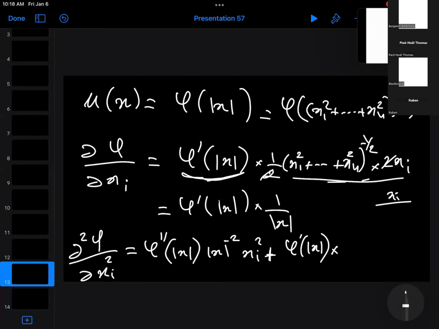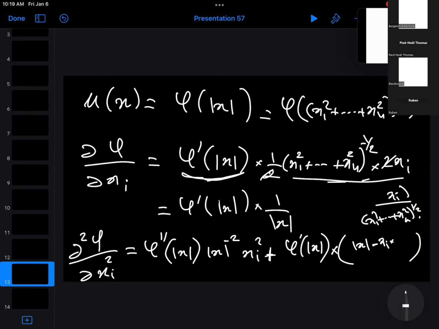So I take the derivative and I multiply by this one minus xi, and if I derive this one, I will get again this term.